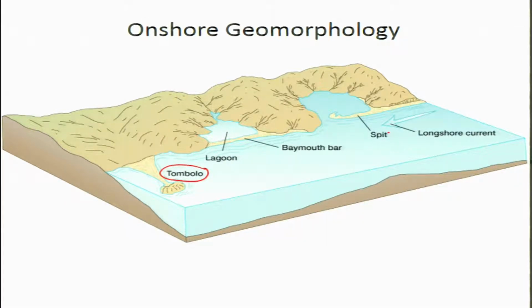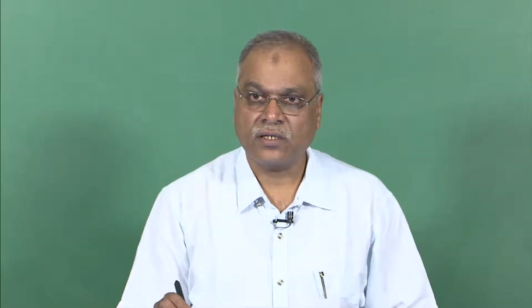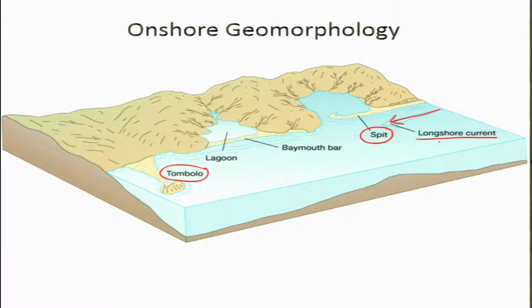Then you have a spit. Okay. Now spits will form as a function of your longshore currents. So if we consider that longshore currents flowing in this direction will result in the formation of spits, or very longitudinal linear beaches or dunes. This again depends on the configuration of your coast.